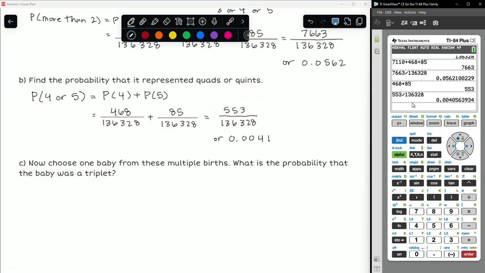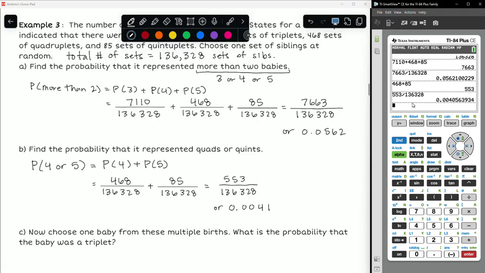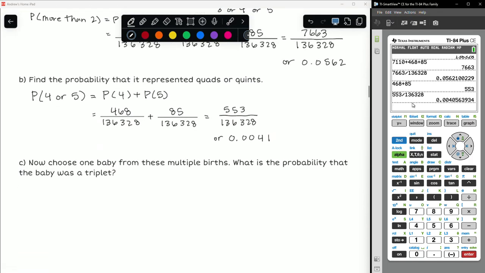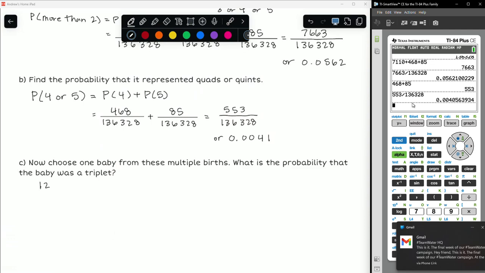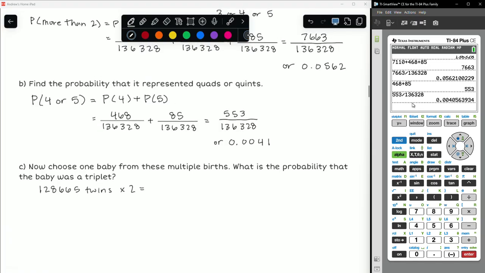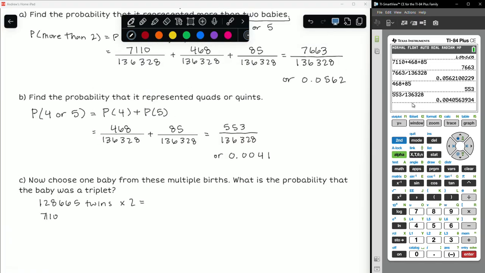So I'm going to go back to our original calculations here. I know that I have 128,665 twins, which means times 2 to get the number of babies. I know that I have 7,110, sorry, I had a brain fart there, triplets.